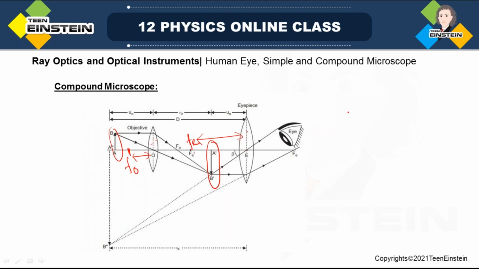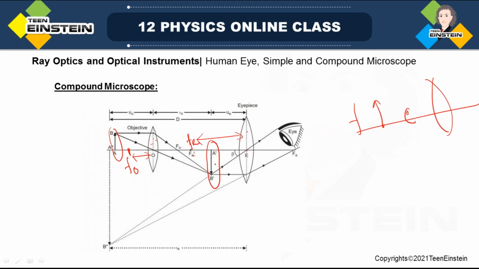We already know that if we keep an object between the optical center and the focal point, you will see a very large, magnified and erect image of it. So the image produced by the objective lens acts as an object for the eyepiece, which is held near the eye, and it lies between the focal length and the optical center of the eyepiece.